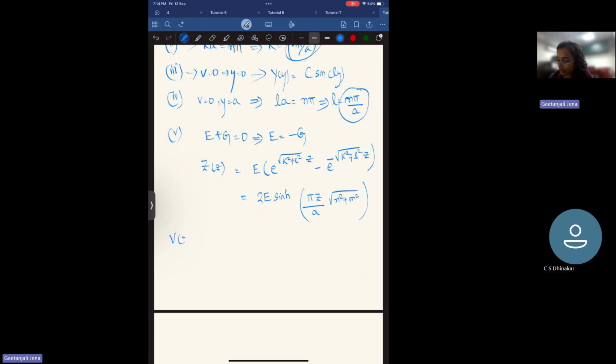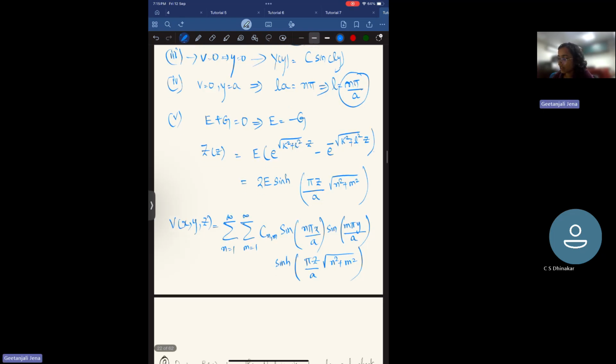So the general solution for the potential V(x,y,z) is the summation over n from 1 to infinity and m from 1 to infinity of Cnm sin(n pi x by a) sin(m pi y by a) sinh(pi z by a times the square root of n square plus m square).